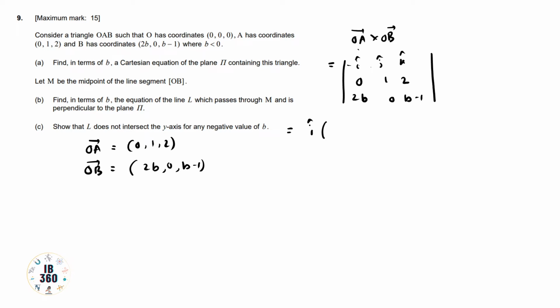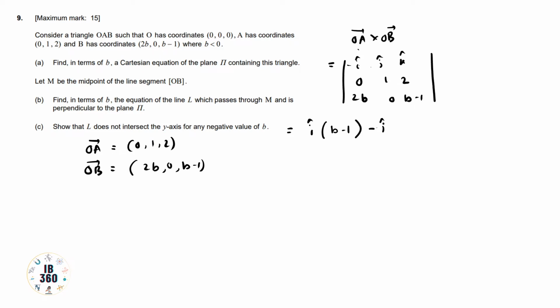So 1 into b minus 1, that is b minus 1, minus 2 into 0, that is 0. Then minus j. The determinant expansion is very important whenever you do any cross multiplication or other products, so please first know how the determinant calculation is done, then you will understand all these processes.